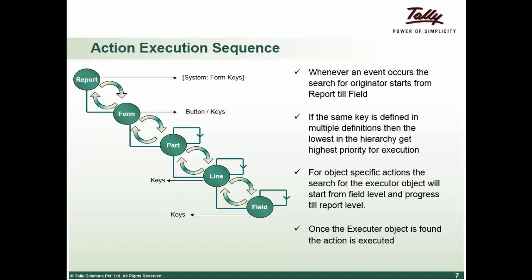So we will start searching from that particular key level and will go to the report to search which interface object can perform that action. Once the executor is found, the one which can perform the action is executed.